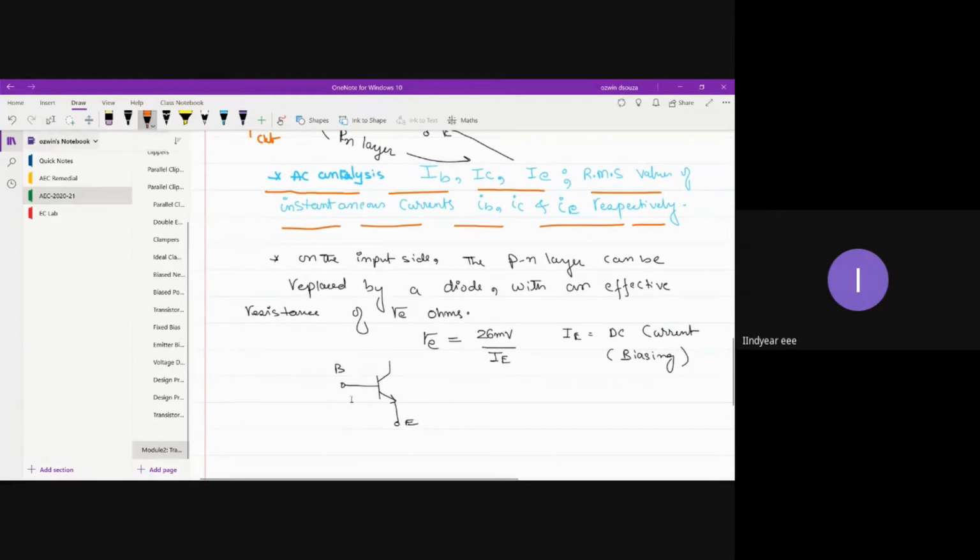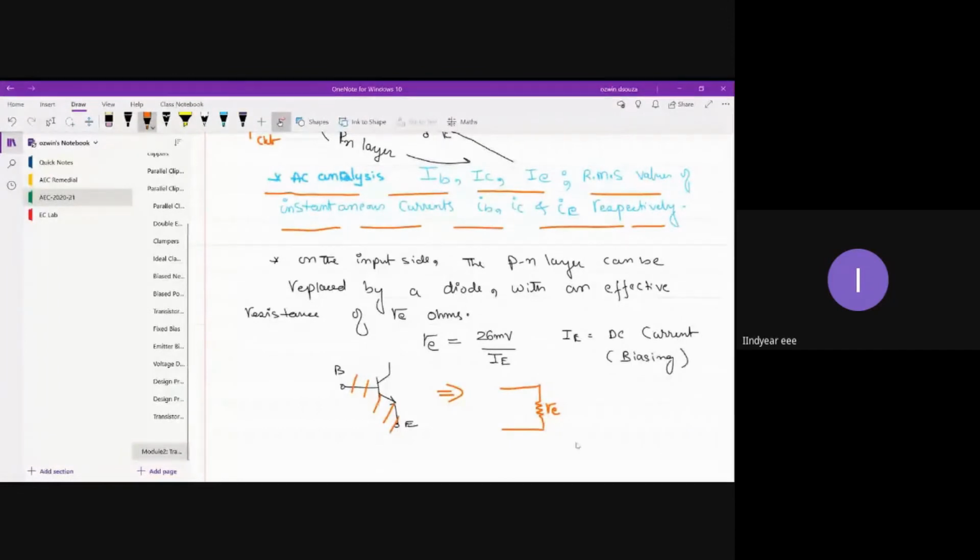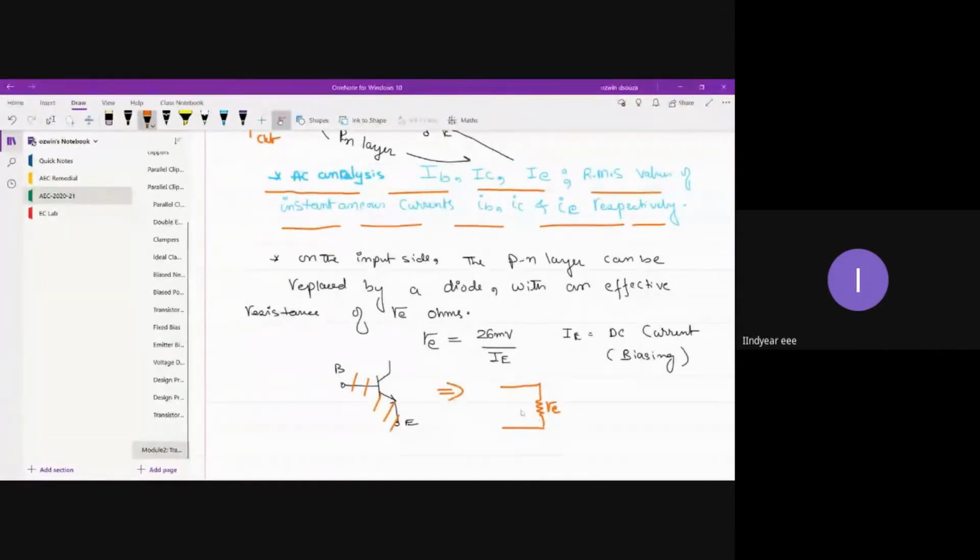That's because I want to show how I am going to replace the base and emitter terminals with the equivalent circuit. I will replace the transistor symbol, which is found between base and emitter, with a resistance RE.